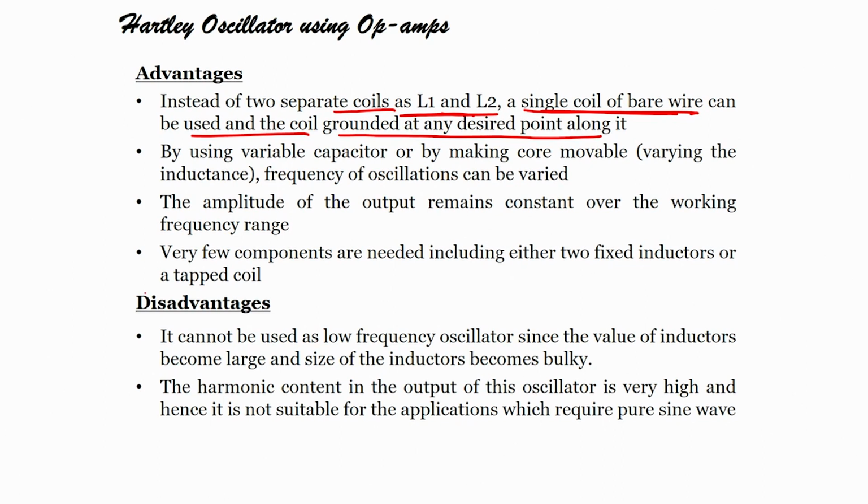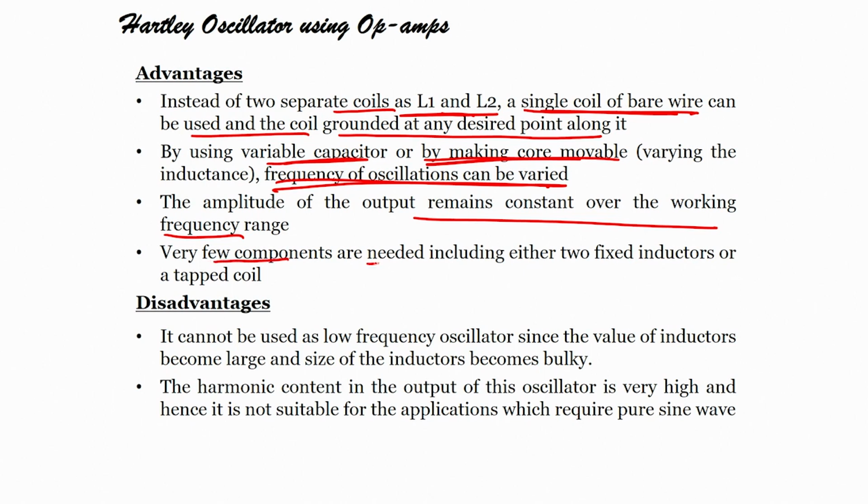By using a variable capacitor or by making the core movable, the frequency of oscillation can be varied. The amplitude of the output remains constant over the working frequency range, which is a very big advantage. Very few components are needed, including either two fixed inductors or a tapped coil.